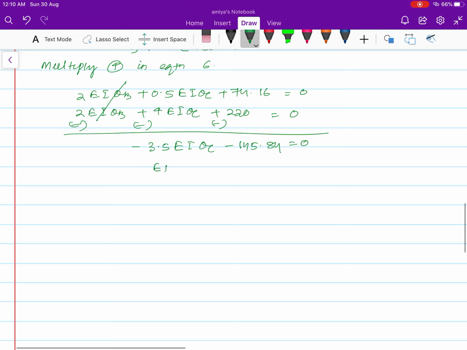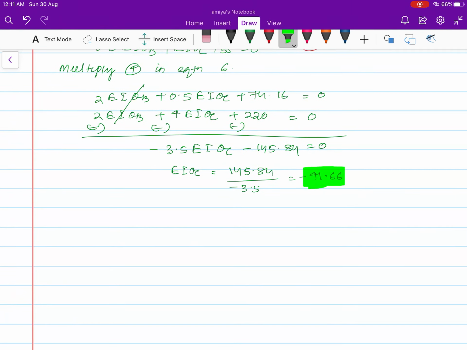So EI theta C is 145.84 divided by minus 3.5, so we get minus 41.66.